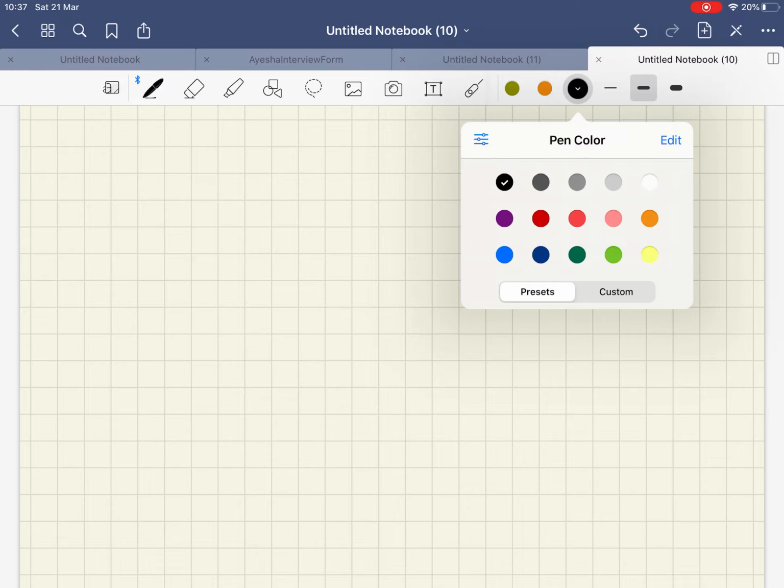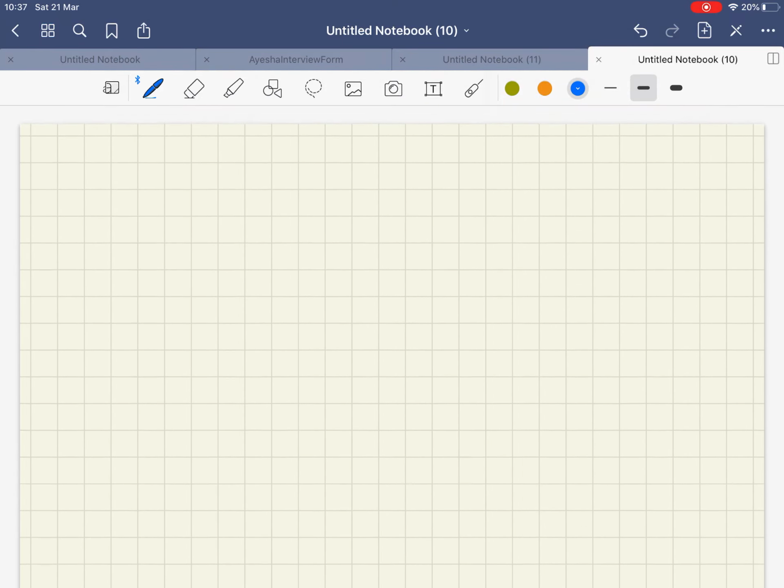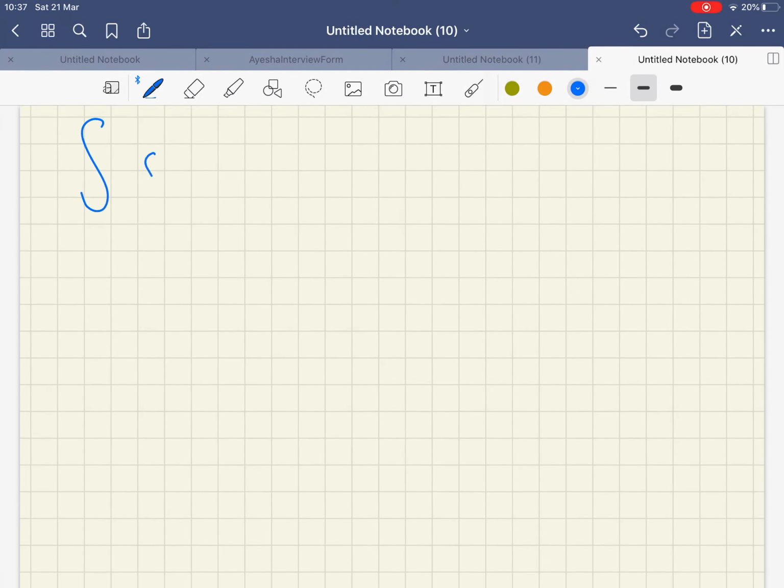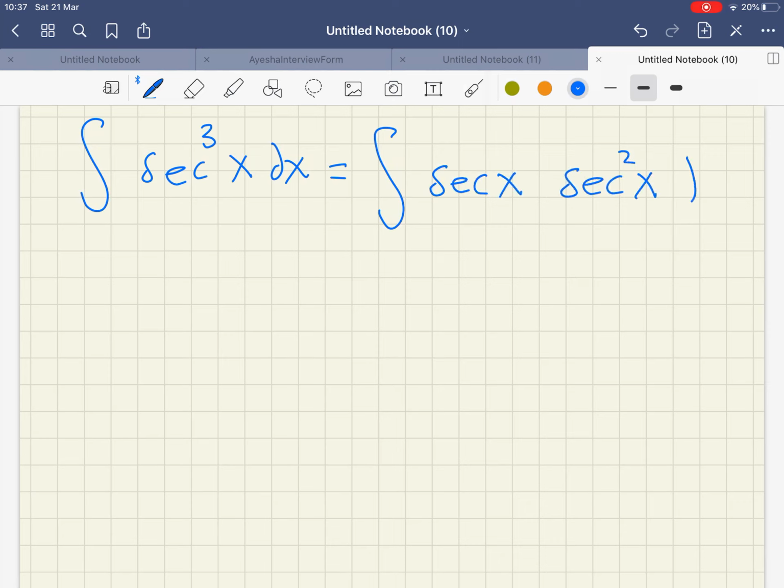Secant cube, that's what we start with. I will use integration by parts. I will write secant cube as secant x times secant squared.